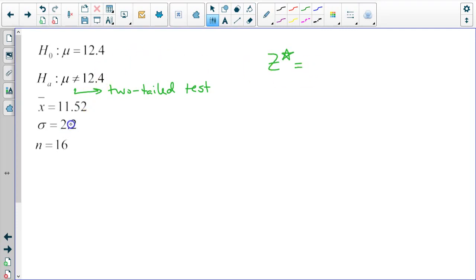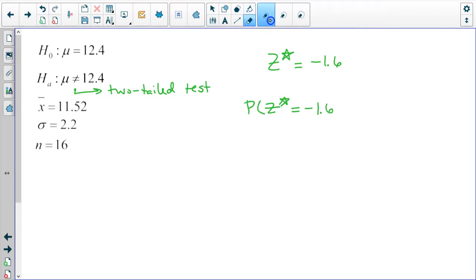Then you would divide by 2.2 divided by the square root of 16. And that should give you a z-score of negative 1.6. All right. So now we find the probability that z is less than, not equal to, I apologize.